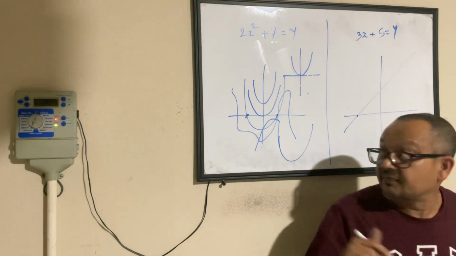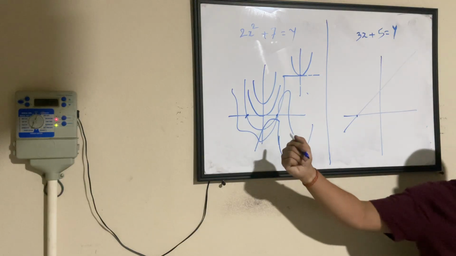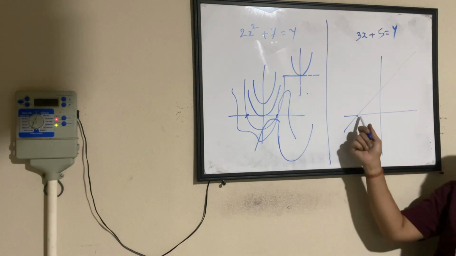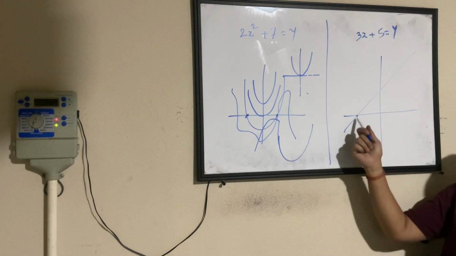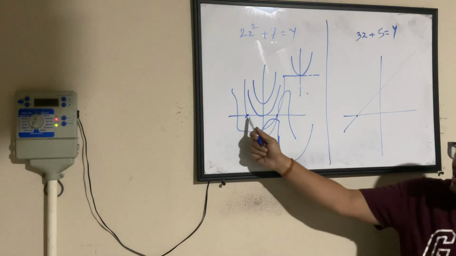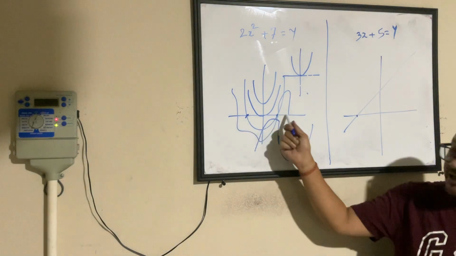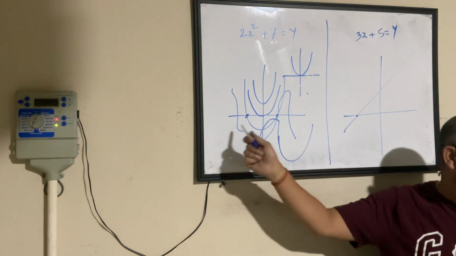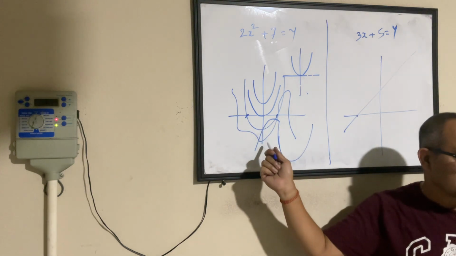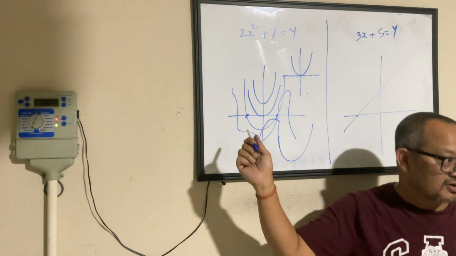Now, from this one, what we are trying to conclude is, if it was a linear equation, it would be a line, and it will meet the x-axis at one place, the zero value. Here, it can meet up to two places, meaning there are up to two possible zero values. Are you guys with me so far? Yes.